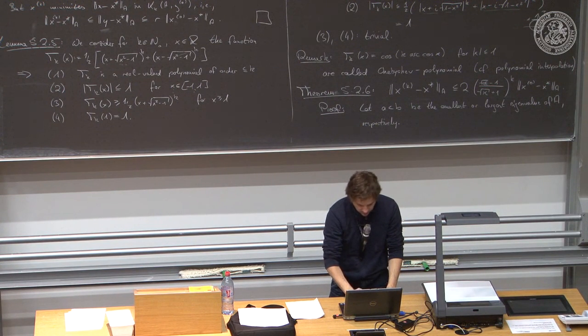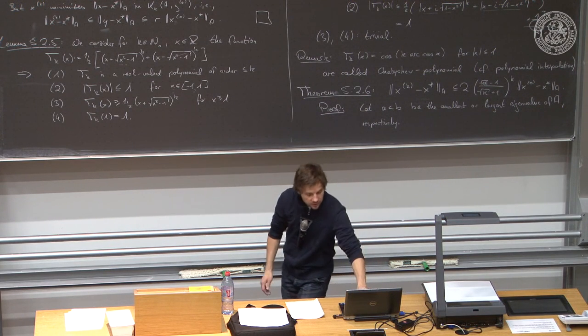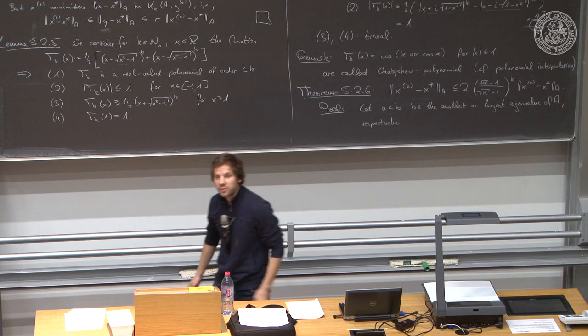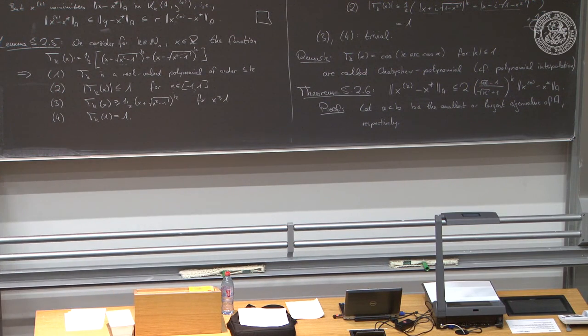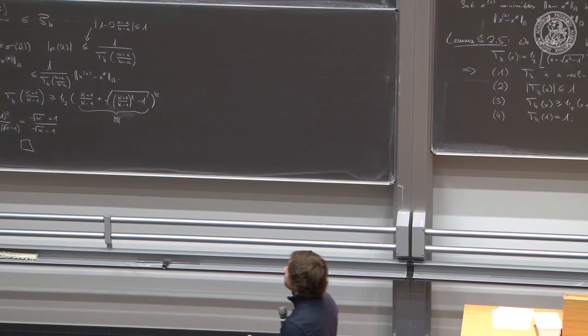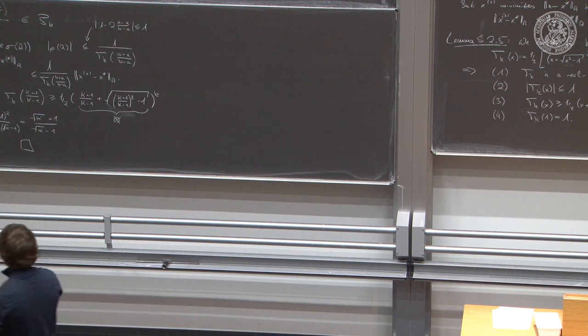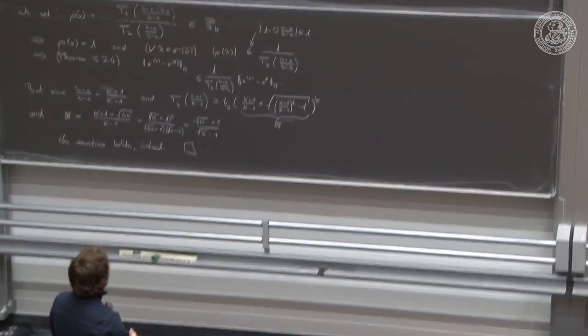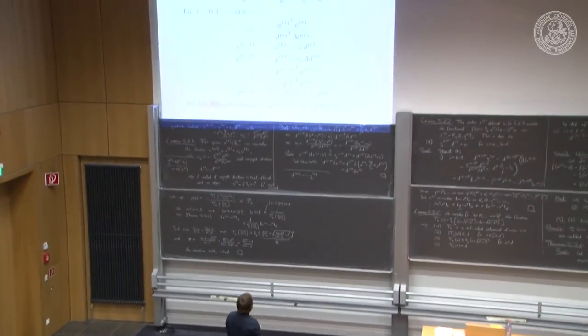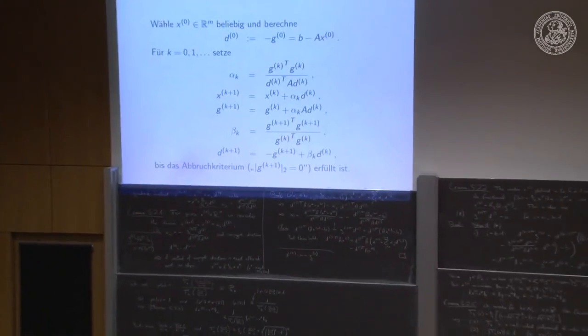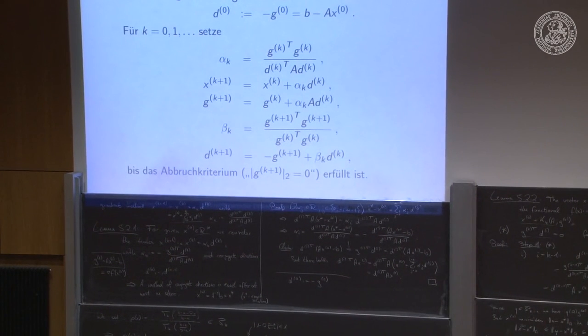I just want to give you an overview of what the algorithm looks like. You choose an arbitrary initial data x0, and then you get your first conjugate direction, which is nothing but minus the gradient of your system. After that, you determine the alpha k to compute the next iterate, x k plus 1.